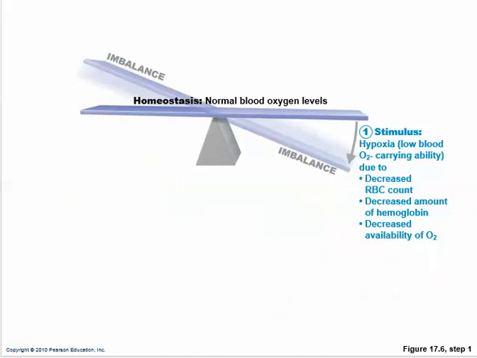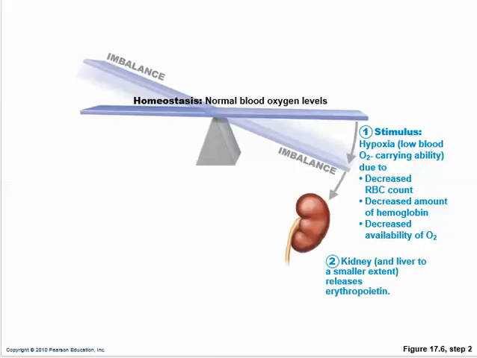We have hypoxia, so low oxygen in the blood. You could have decreased red blood count, decreased availability of oxygen, or decreased hemoglobin, and it causes the kidneys to release erythropoietin in response to the lack of oxygen.